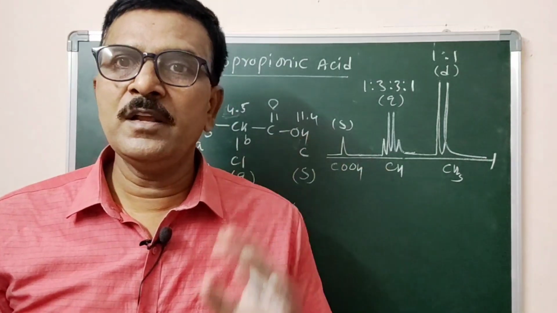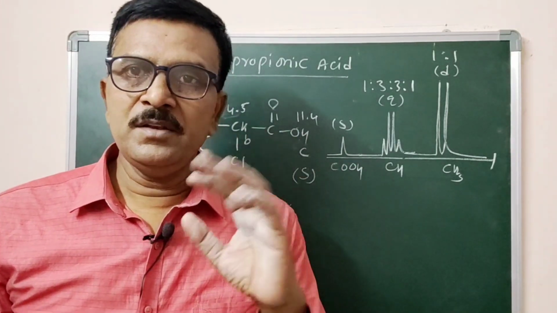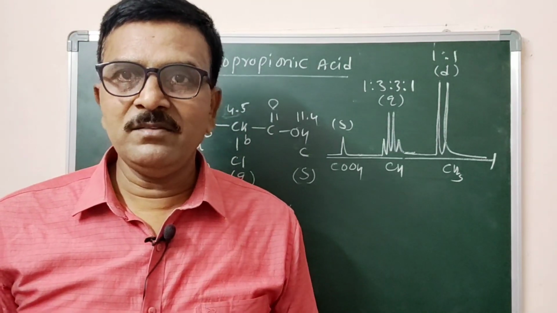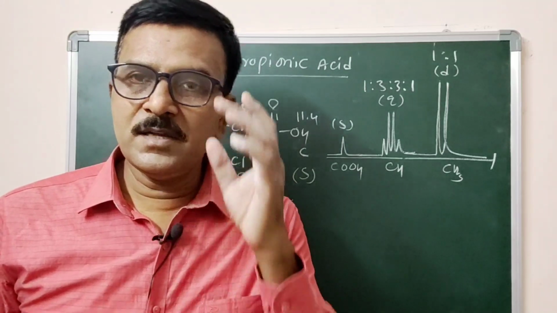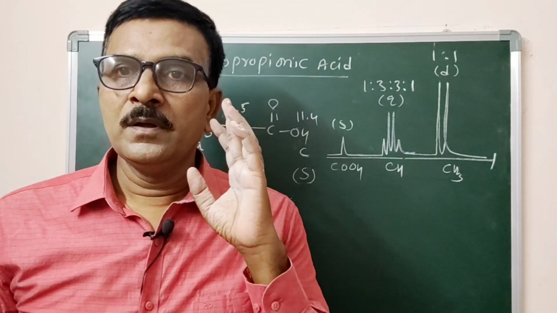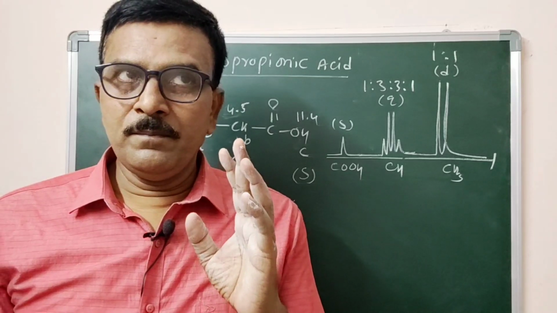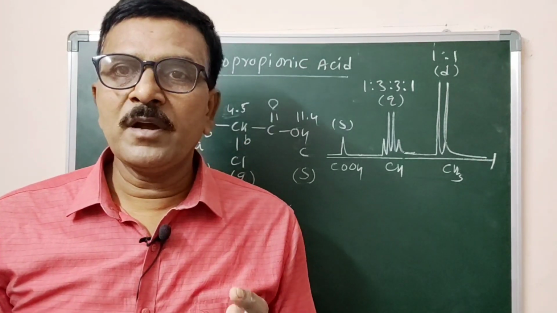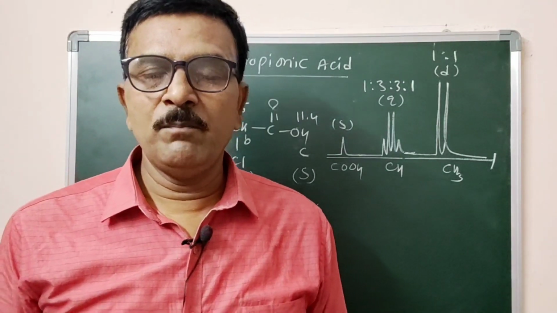These are the only molecules included in the syllabus, hence we discussed them. Now there are 3 inorganic complexes included in the syllabus for the study of their proton NMR spectrum: one is a nickel complex, another is a rhodium complex, and the other is a platinum complex.